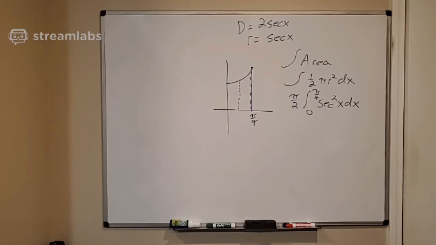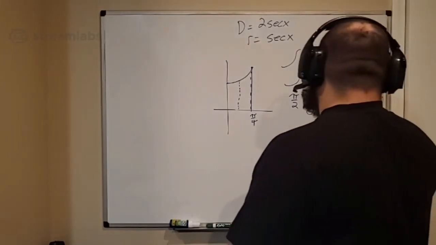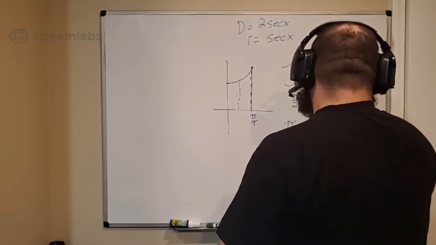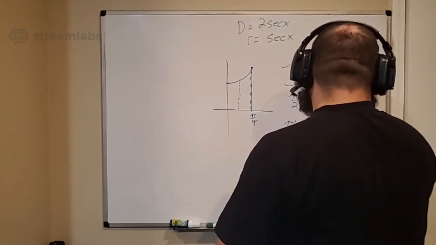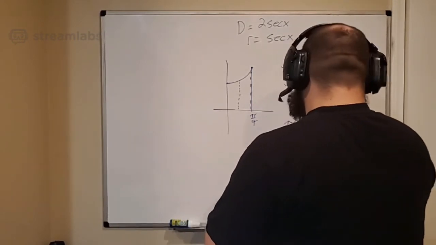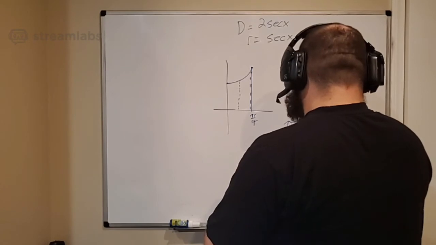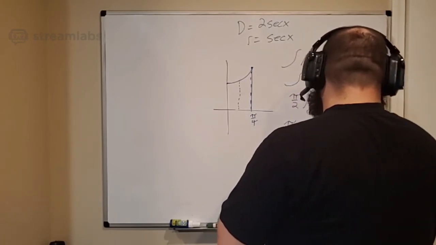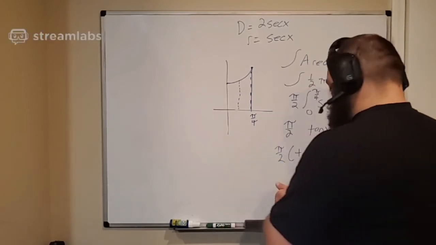So remember, you definitely need to have a list of all your derivatives and antiderivatives so you don't have to guess. And they expect you to do so. So pi over 2 of tangent x. When's the exam again? 12th, 2 weeks? Got it. So that's pi over 2 of tan pi over 4 minus tan 0. Here, obviously, they're expecting you to know tangent of pi over 4 and tangent of 0.